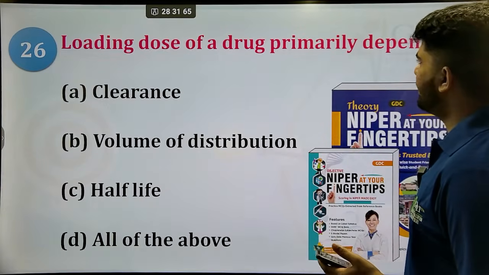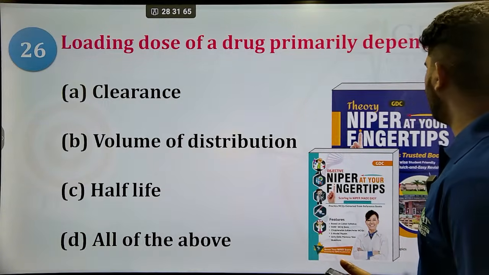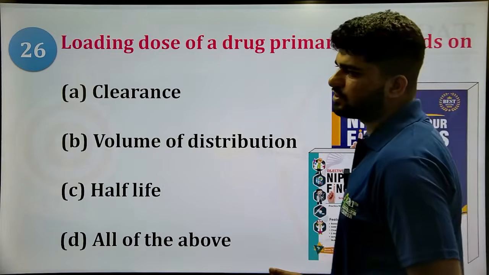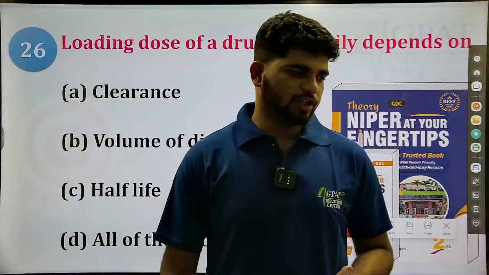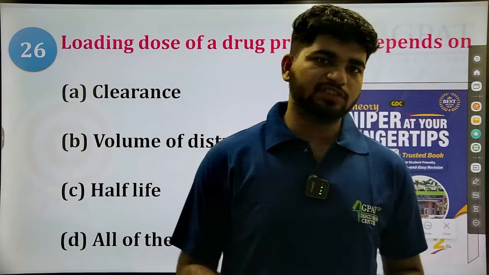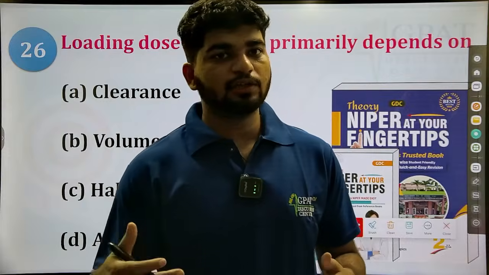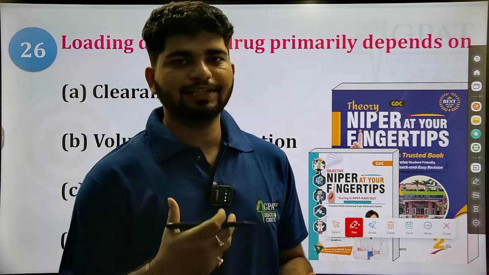Loading dose of a drug primarily depends on clearance, volume of distribution, half-life, or all of the above. Loading dose is nothing but the first dose that you want to give to a patient. So that is dependent on your volume of distribution, because the greater the volume of distribution, the more it will reach into the tissues, right? According to that, we finalize the dose.